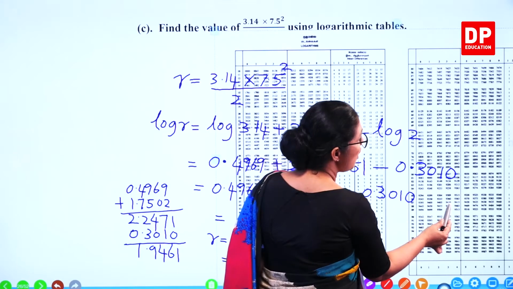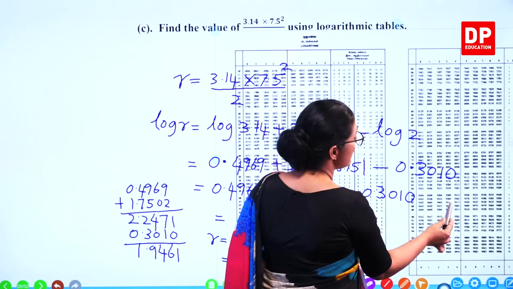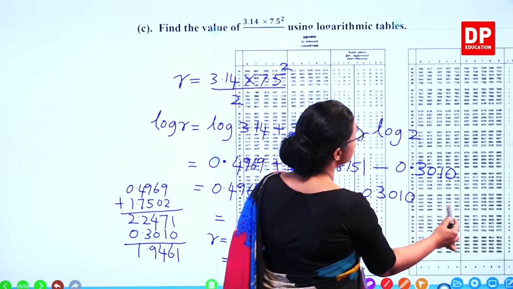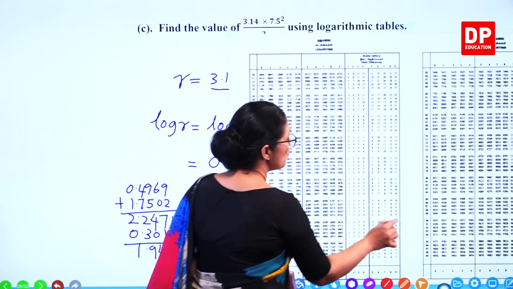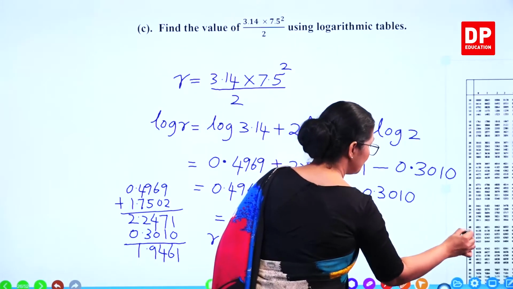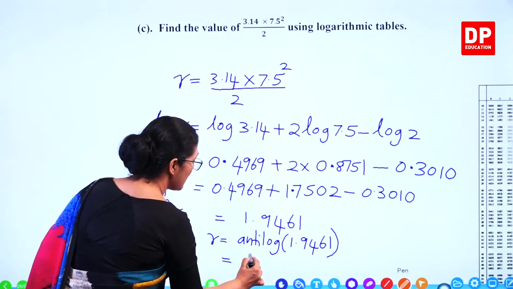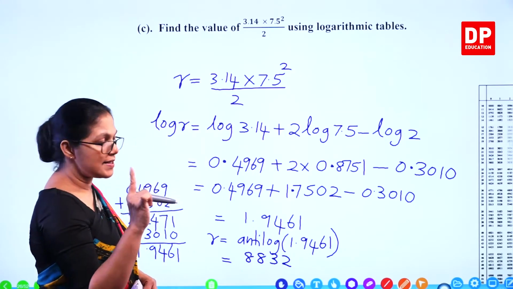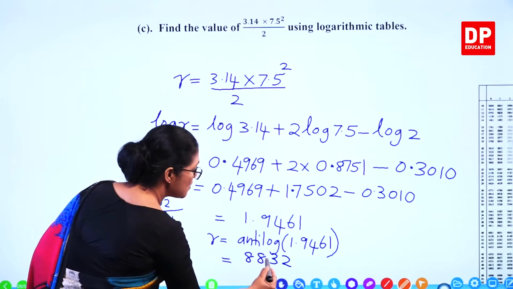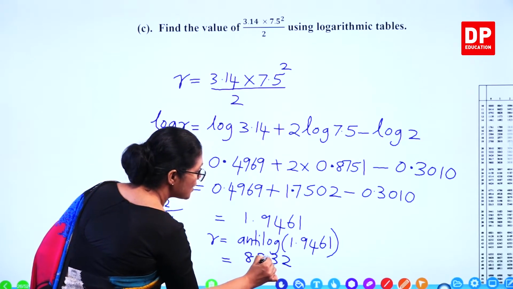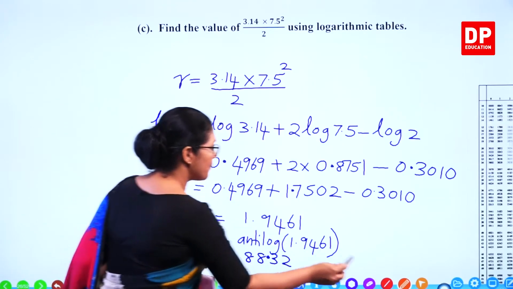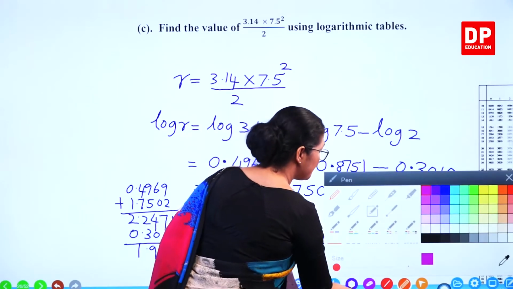So you need another 1. That means from that's 2. 8832. This is 1 point something, so move the decimal place 1 place to the right. 88.32 is the answer.